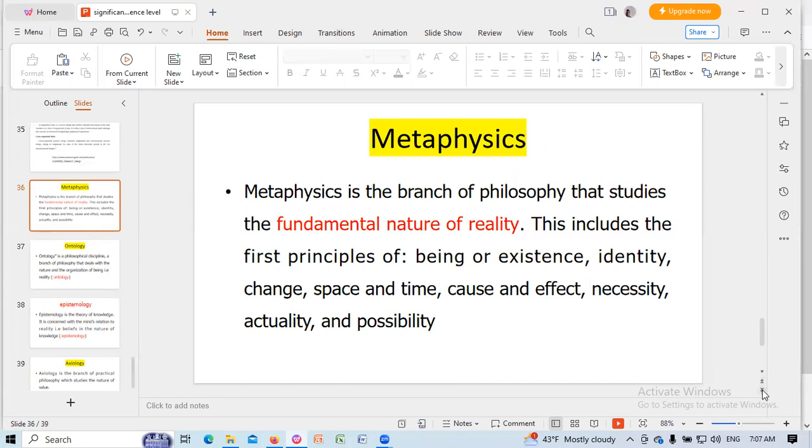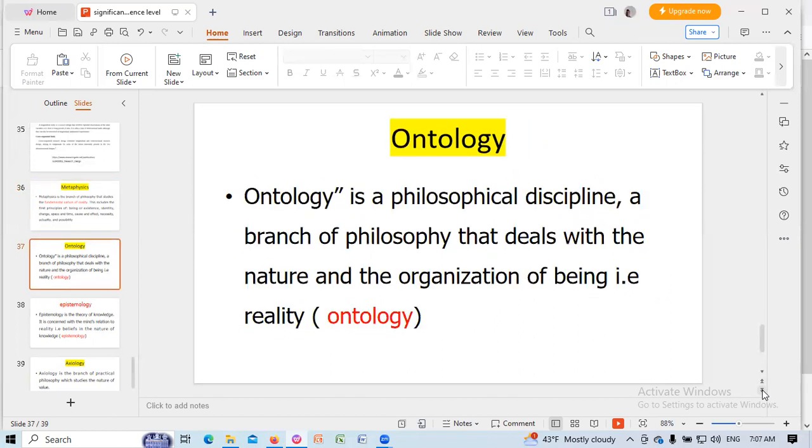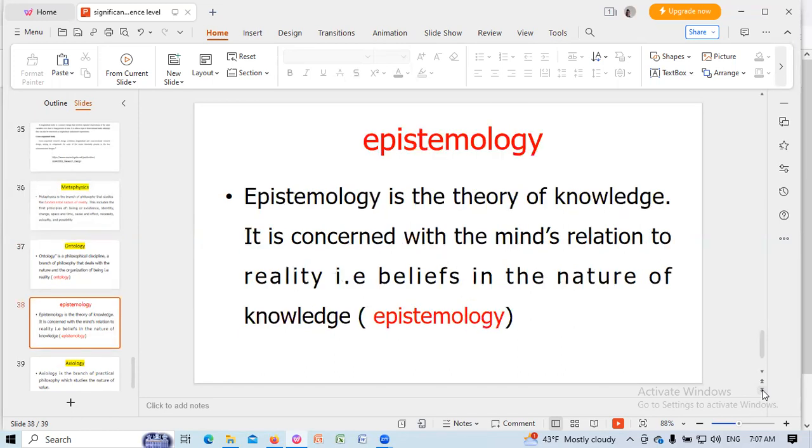These are metaphysics. Ontology is reality, the nature and organization of being. But epistemology is the beliefs, which may differ in the nature of knowledge.